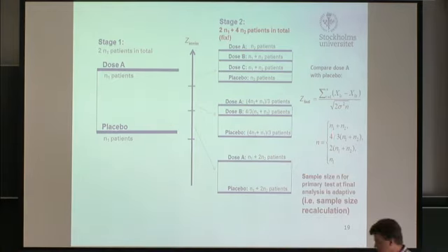So in terms of this test for comparing dose A with placebo, we have some sample size recalculation, even if we have a fixed total sample size for the study. And I also add, which I have not mentioned so far, that if the Z value is too low, we will stop the study for futility, which is an important part here.